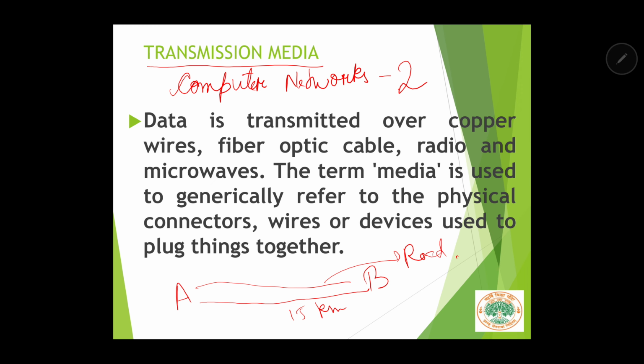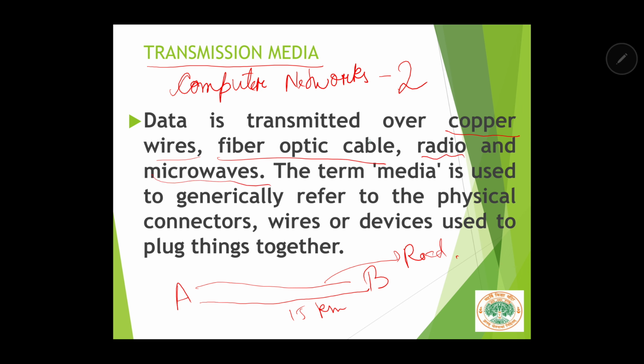Similarly, the data signals should be sent from one computer to another computer. So how will the signals be sent? They are sent with the help of transmission media. It generally refers to different types of wires like copper wires, fiber optic cables, radio waves and microwaves.